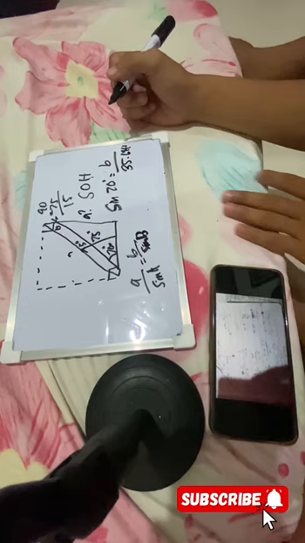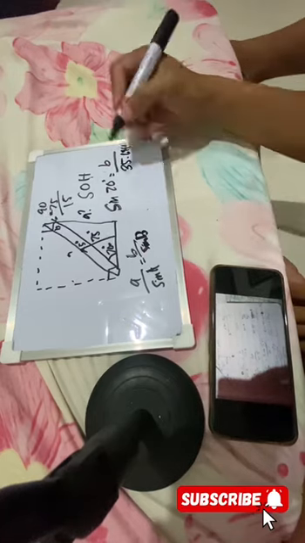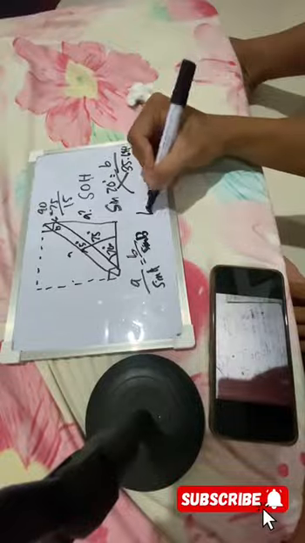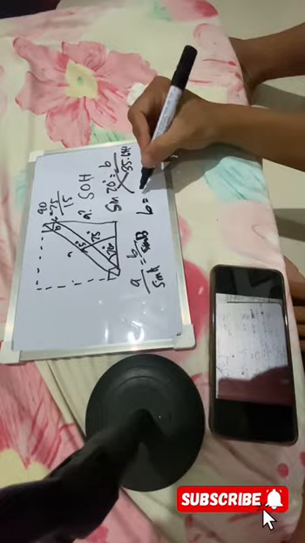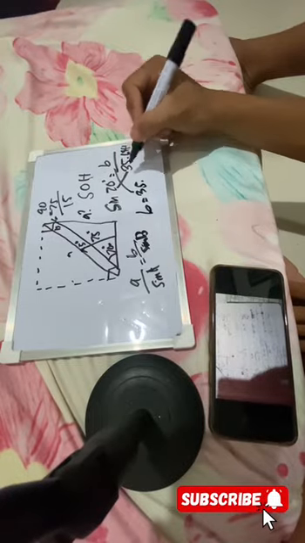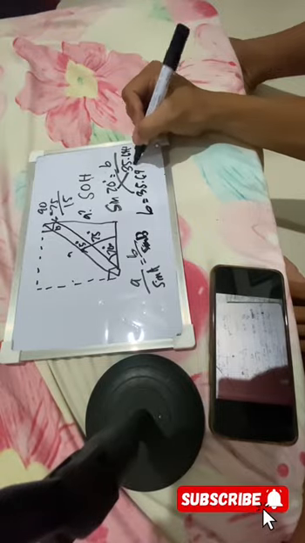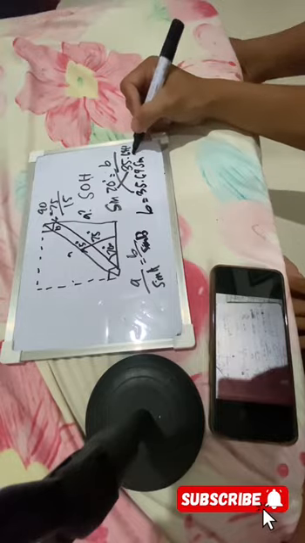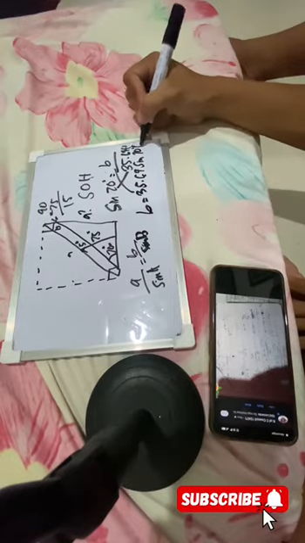Now we cross multiply and get B equal to 35.64 sine 70 degrees feet.